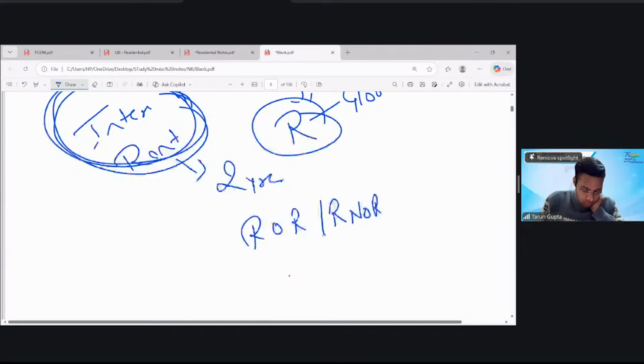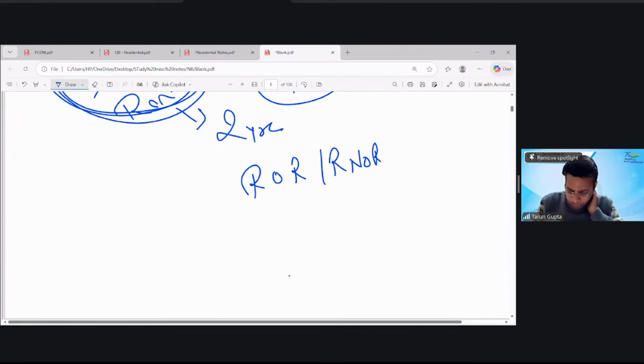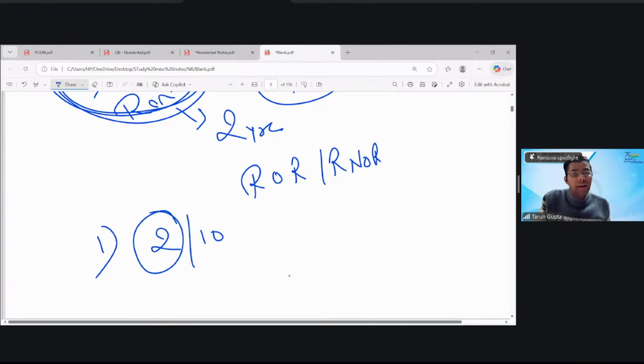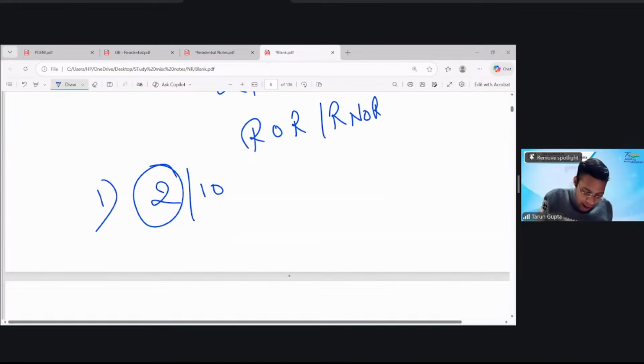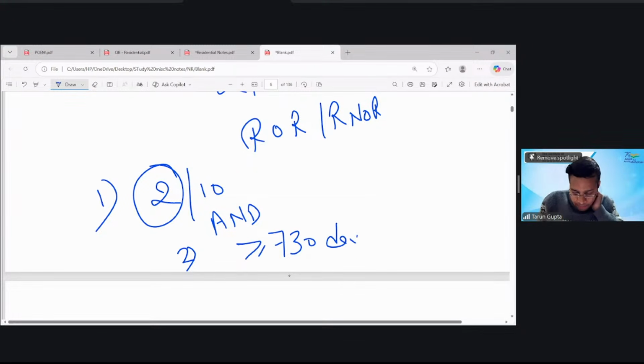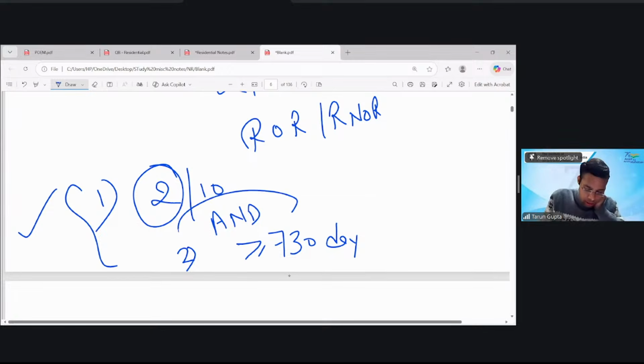Now, let's see when you qualify as a ROR or RNOR. The law says if an individual is a resident, then we have to see whether he was a resident in at least 2 out of the 10 immediately preceding years, and in the last 7 years, was he in India for 730 days or more? The conjunctive factor is "and".